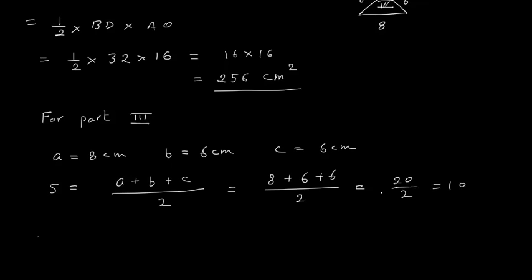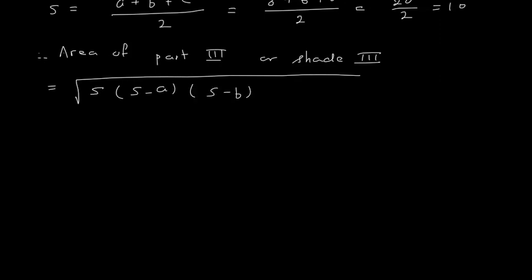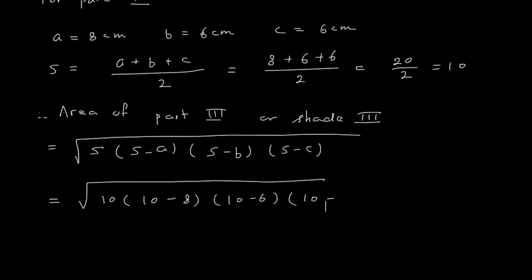So therefore the area of part 3, or I will say shade 3, is equal to, now here I will calculate the area as the square root of S into S minus A, S minus B, S minus C. This is equal to the root of, now the value of S is 10, so this is 10, then 10 minus 8, 10 minus 6, and 10 minus 6, as the third dimension is also 6.